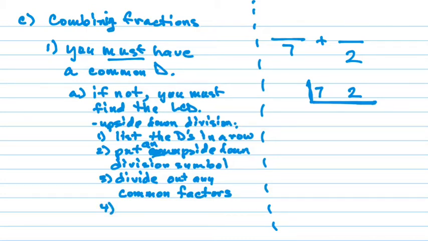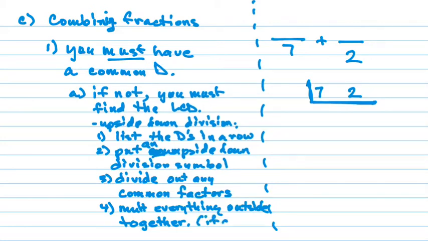And then the last step is to multiply everything outside together. Everything that's outside the division symbol, you're going to multiply together. So like 7 and 2, if any, because this one is an odd one.